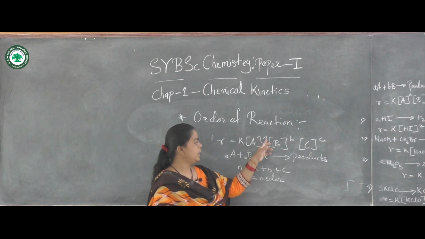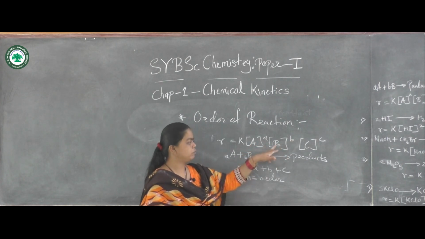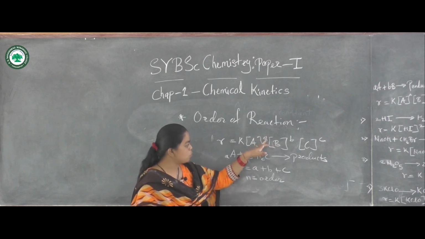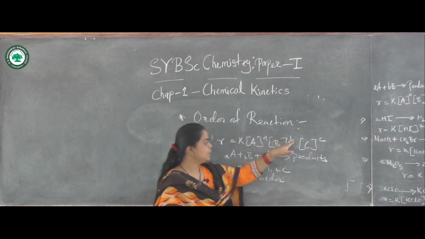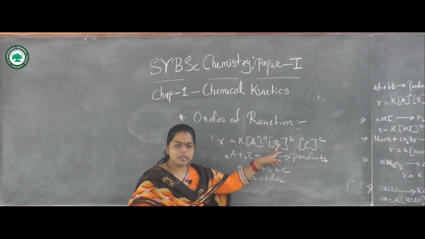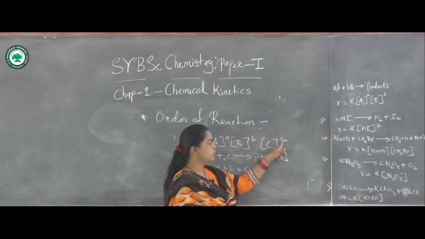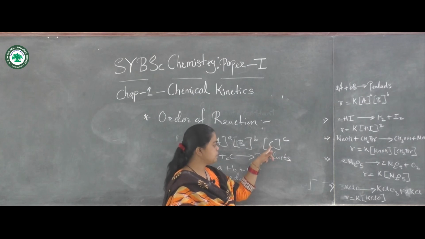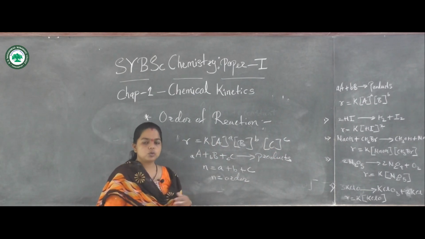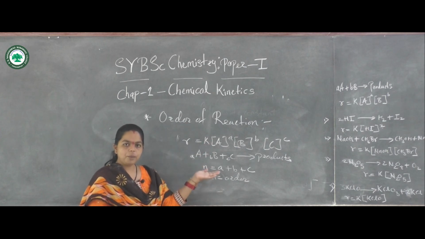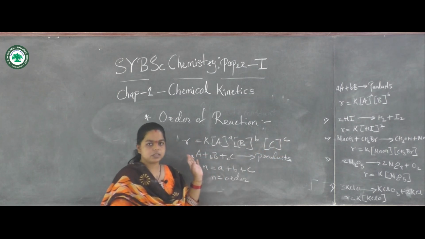So small a is the order with respect to reactant A, small b is the order with respect to reactant B, and small c is the order with respect to reactant C. To calculate the overall order, the overall order is the sum of the powers to which the concentrations of the reactants are raised.